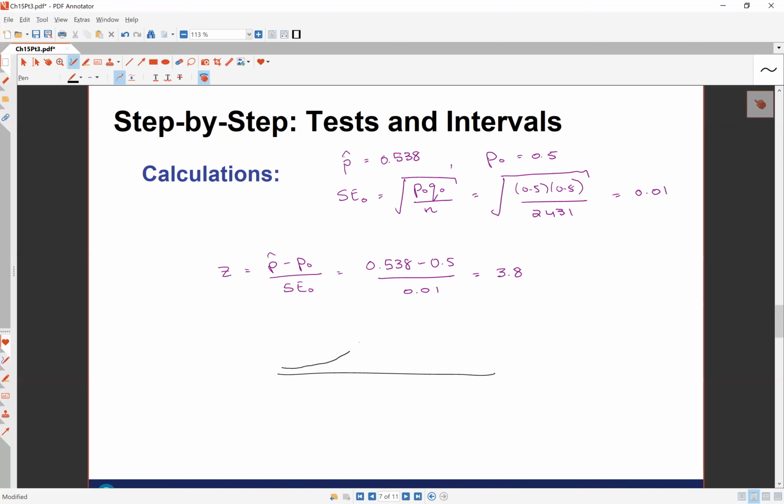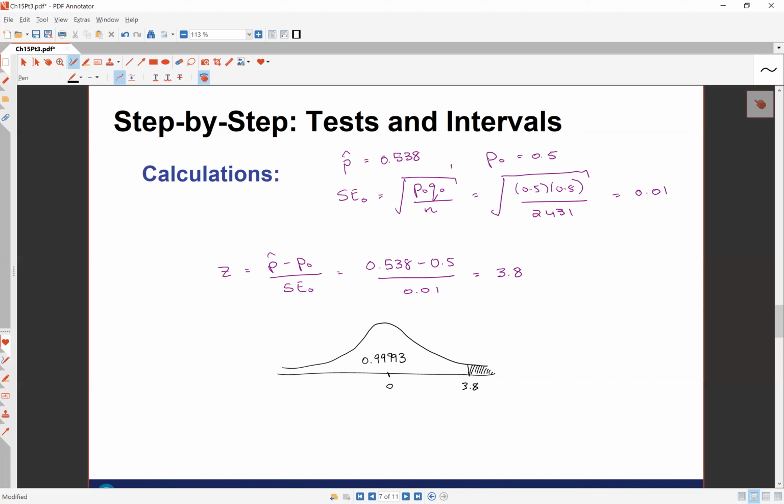So if you visualize that on a normal curve, centered at 0, 3.8 is here in the upper tail, our p-value is the part of the curve that exceeds 3.8. Now, if you go and look up 3.8 in your normal table, that will tell you how much of the curve is to the left of that value.